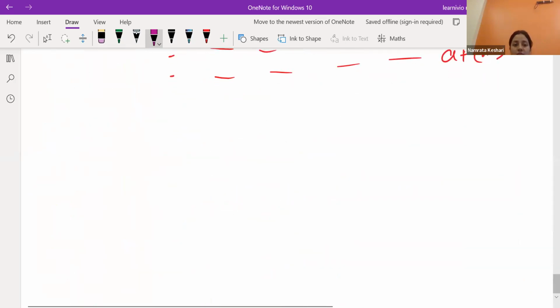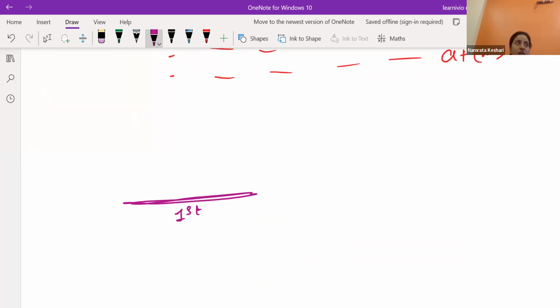For the term sitting at the first place, the first rank, I ask how many D you are having. It will say I don't have any D. It is just A, or you can call it A plus 0D, and 0 into D is just 0.